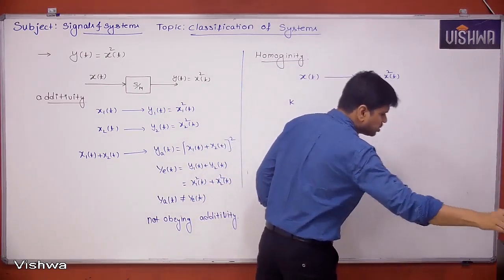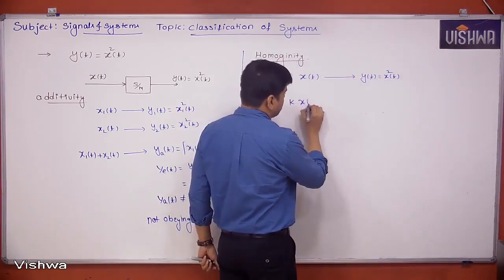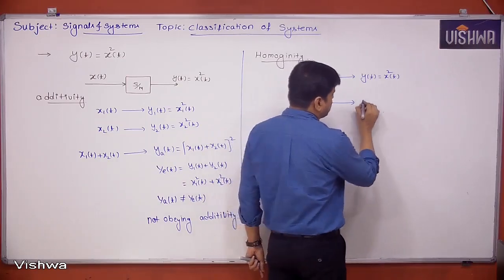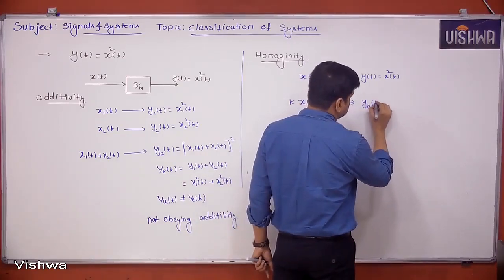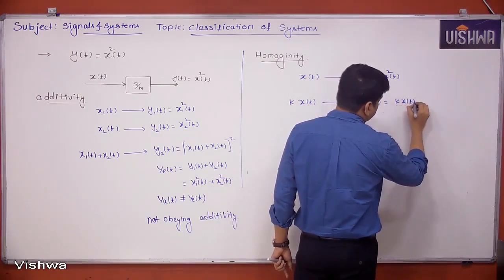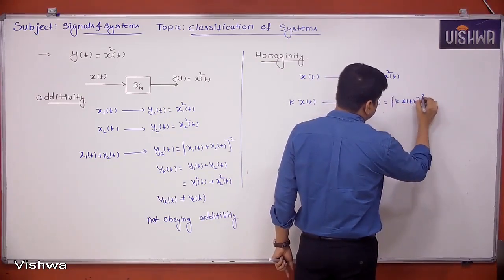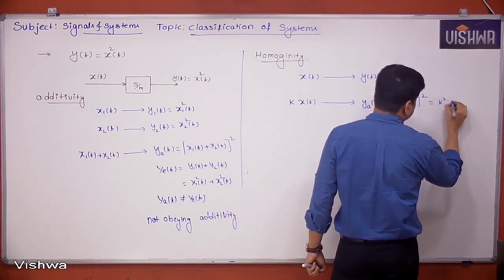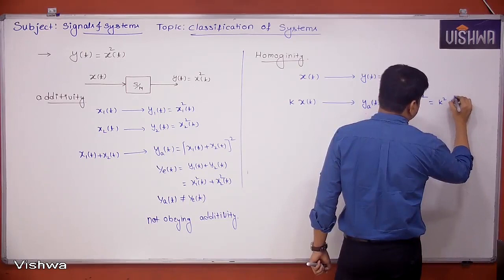What if the input is k x of t? I told you the functionality of the system is simply squaring the input. Then the actual output is k x of t, whole square, that is nothing but k square x square of t.